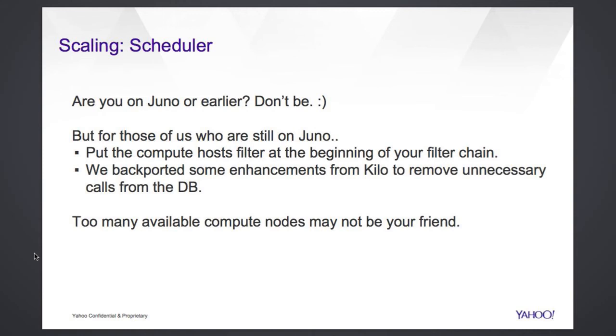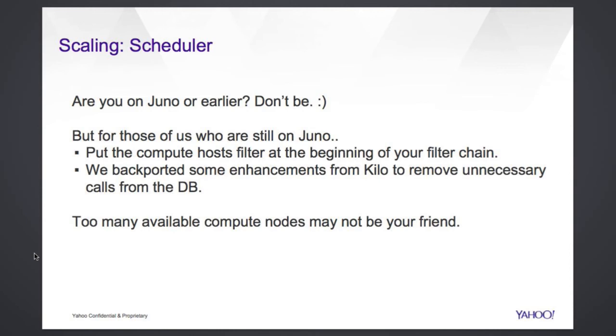Simplest fix is you move that to the beginning of the chain, and everything works again. Now that's a hack. I mean, that's not really a hack, but it doesn't really get you very far. The next thing we did was we backported the in-memory scheduler enhancements from Kilo back into Juno. That got us up and running. Our scheduler was suddenly much, much, much faster.